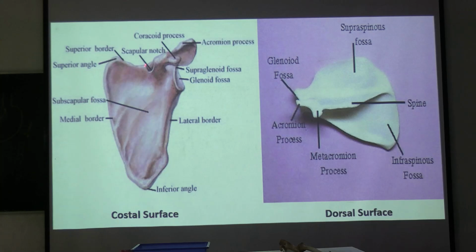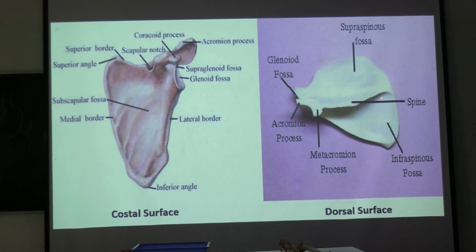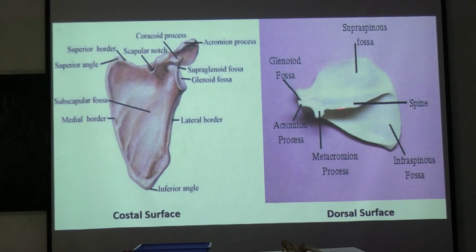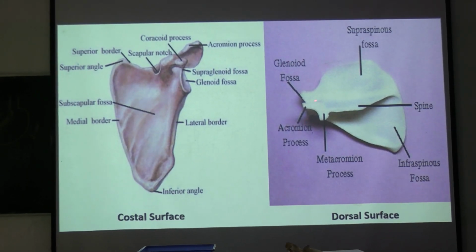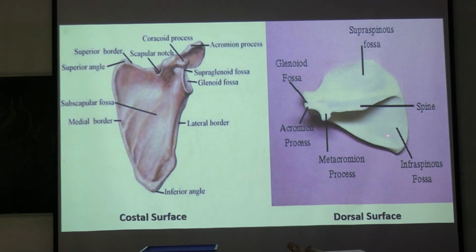And these are the processes: coracoid process, acromion process, and posteriorly here is the spine. Here another process is shown, which is not present in all persons: the meta-acromion process, a small projection near the origin of the acromion process.